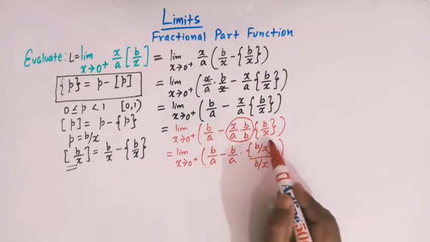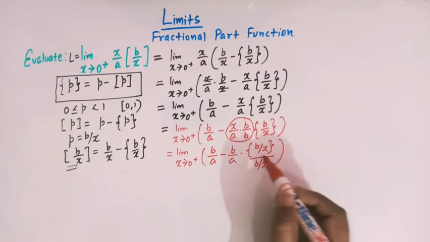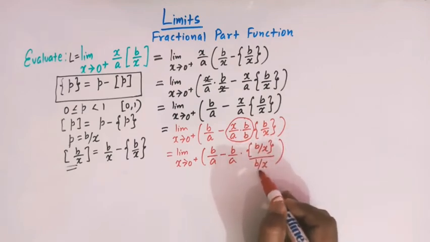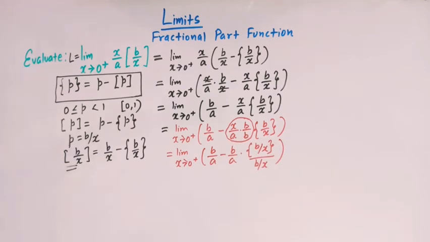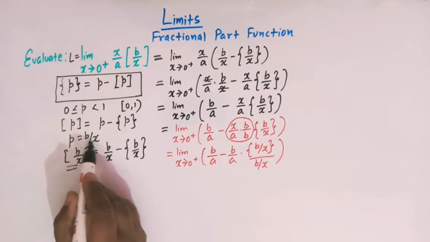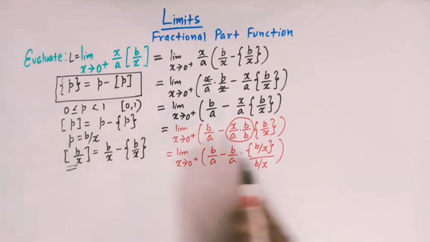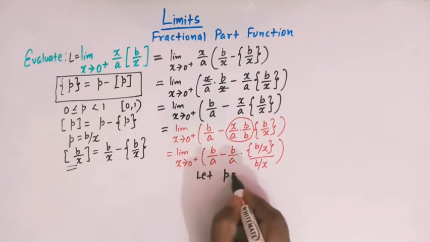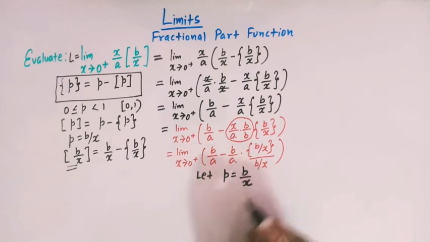So here we have got a sort of symmetry, that is the fractional part of b over x divided by b over x, right? So now we have already assumed that b over x is p, and see, p is equal to b over x, right?